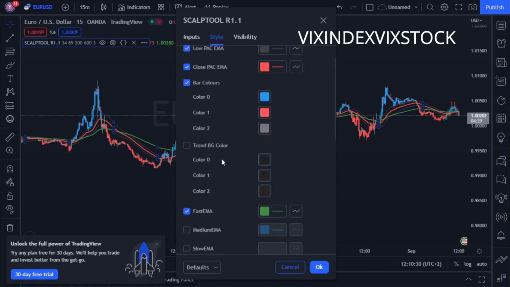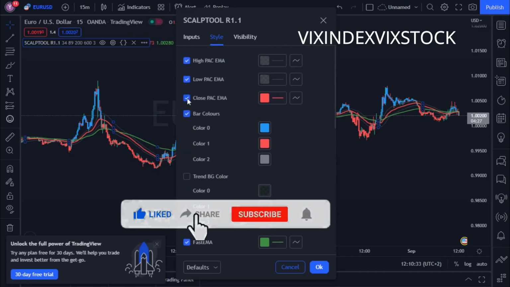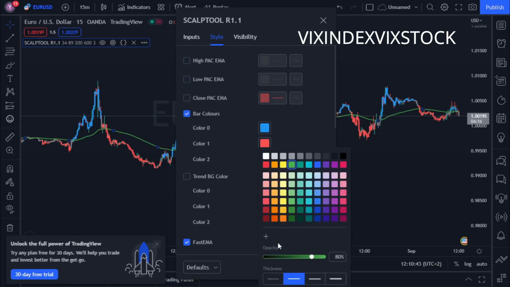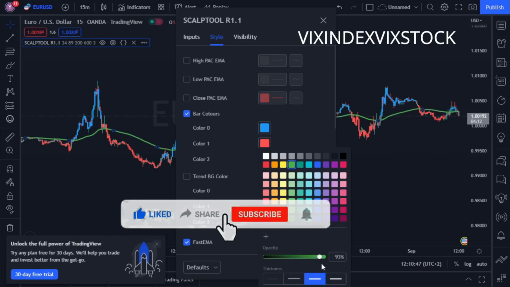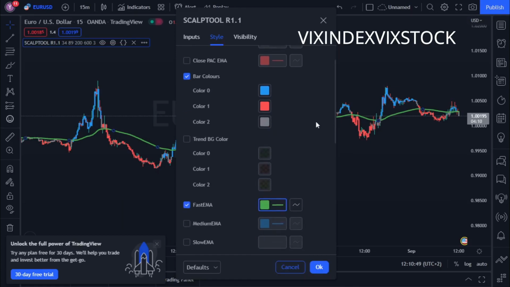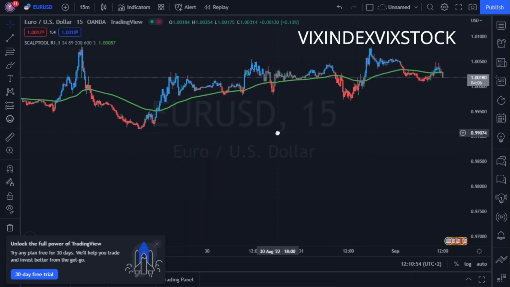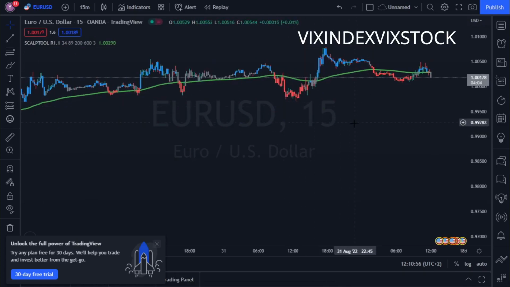Let's see what I forgot to remove. Definitely that has to go, and this has to go, that has to go. So what we are left with now is a fairly clean chart. That's how I love my charts. I don't want to look at a whole lot of things and consider a whole lot of things before I take a trade.